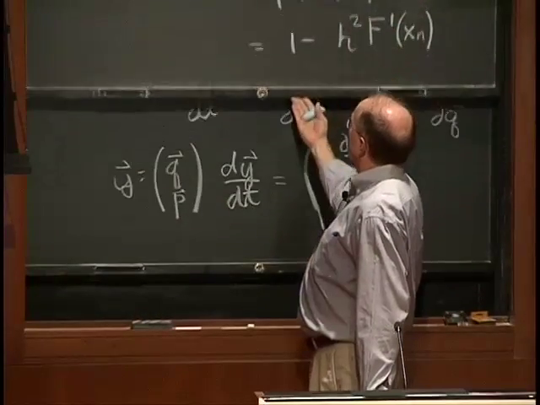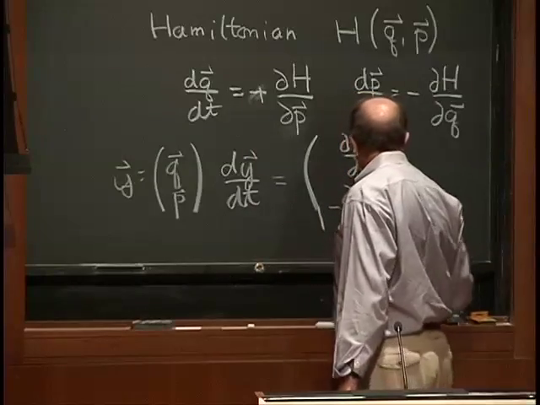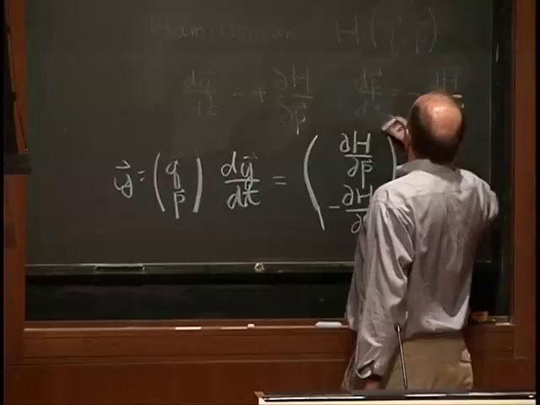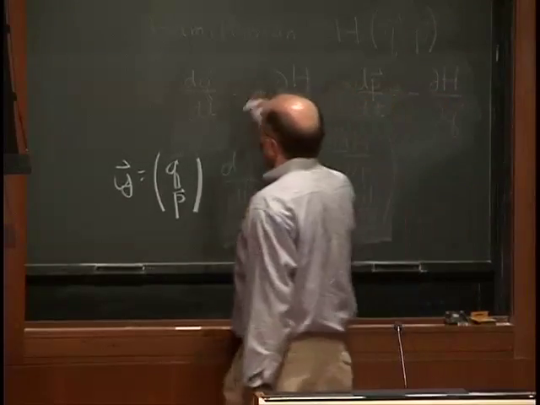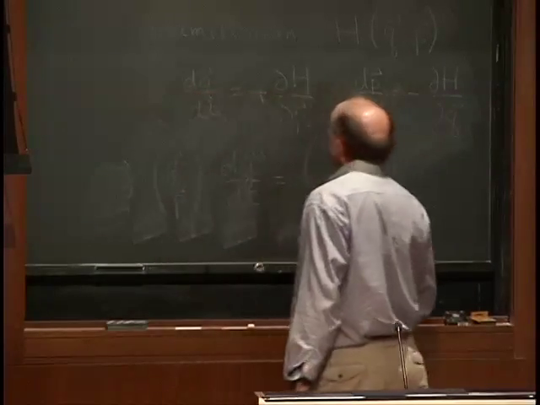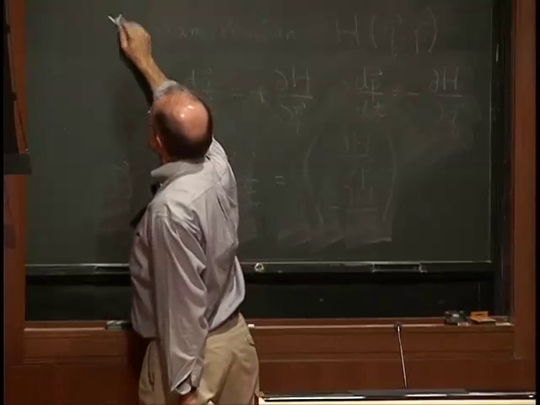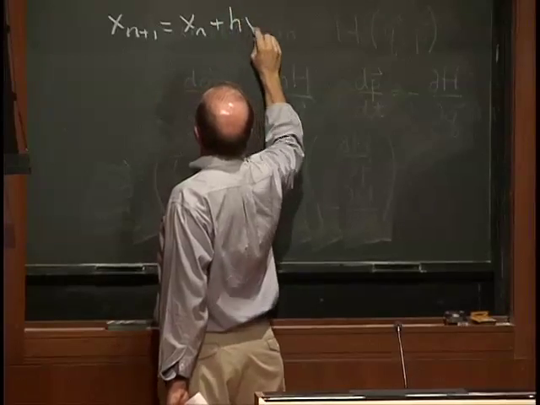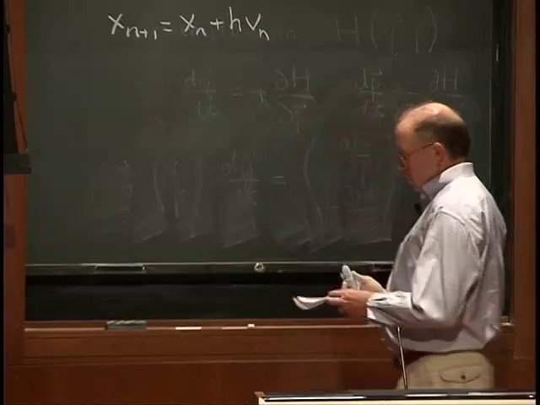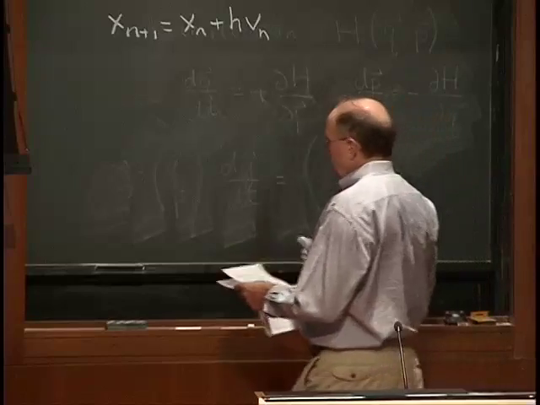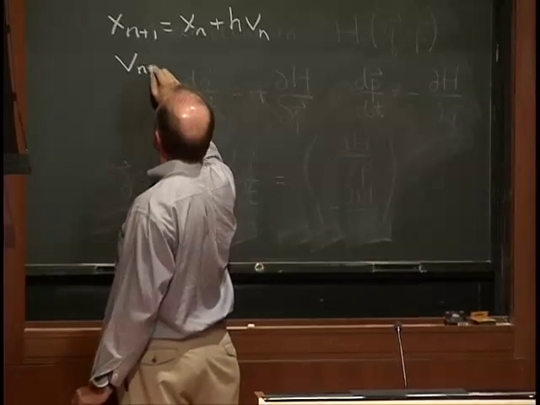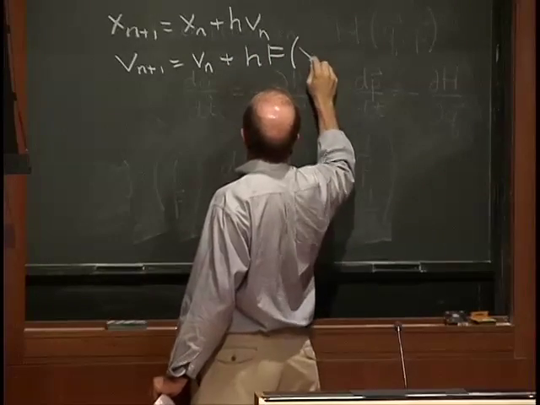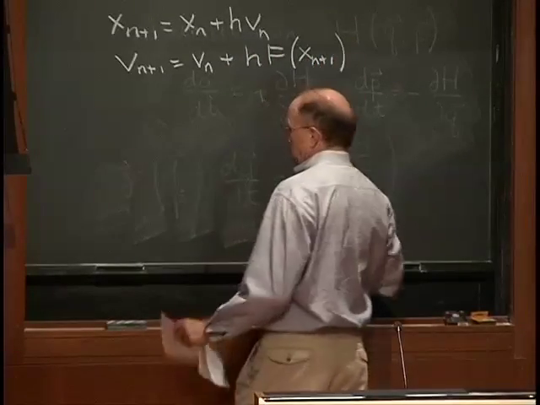Okay, so the next thing to try is the modified Euler method. With modified Euler, just as with regular Euler, xn plus 1 is xn plus h times vn, and vn plus 1 is vn plus h times f of xn plus 1.